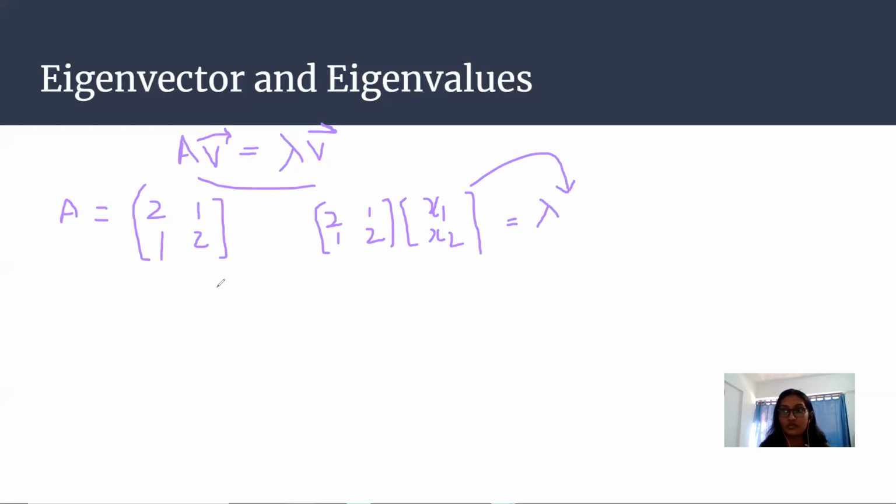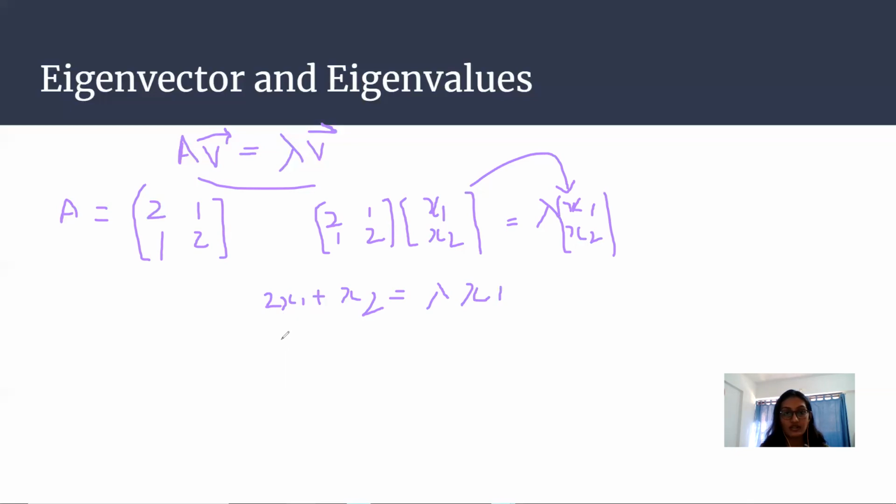and let that be equal to lambda times the same vector. Now if we equate this way, 2 into x1, 1 into x2, it will be 2x1 plus x2 equal to lambda x1.